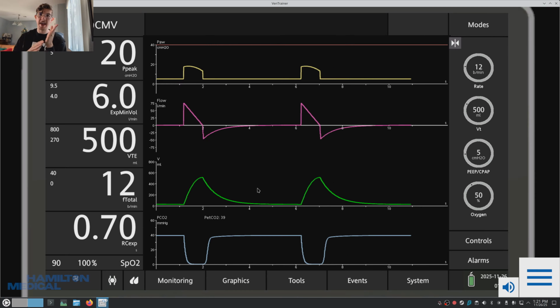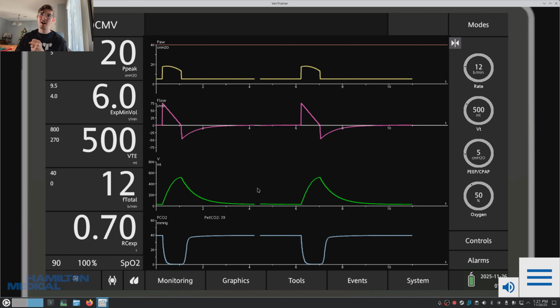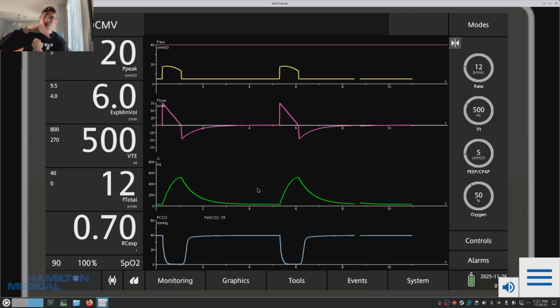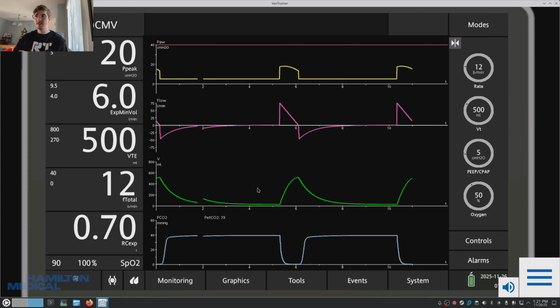It's still giving X flow over X amount of time, but instead of delivering that flow constantly, it's going to start by delivering the flow really fast, and it's going to titrate the flow down as the volume is delivered.